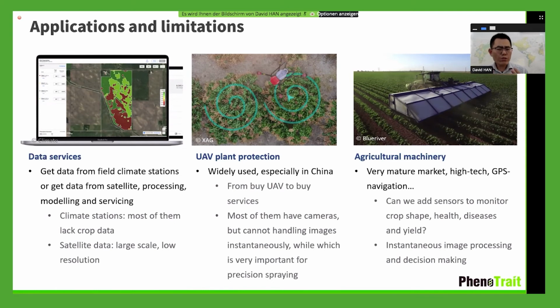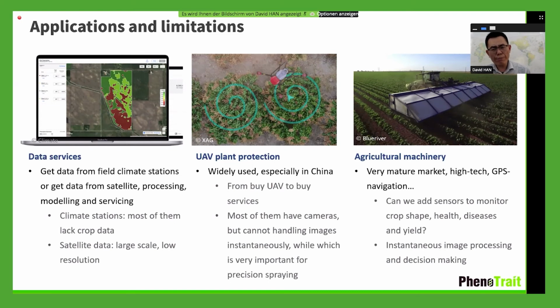But most of the drones have cameras, but they cannot handle the images instantaneously. And handling images instantaneously, getting the phenotype information and making the smart decision is very important for precise or smart plant protection.